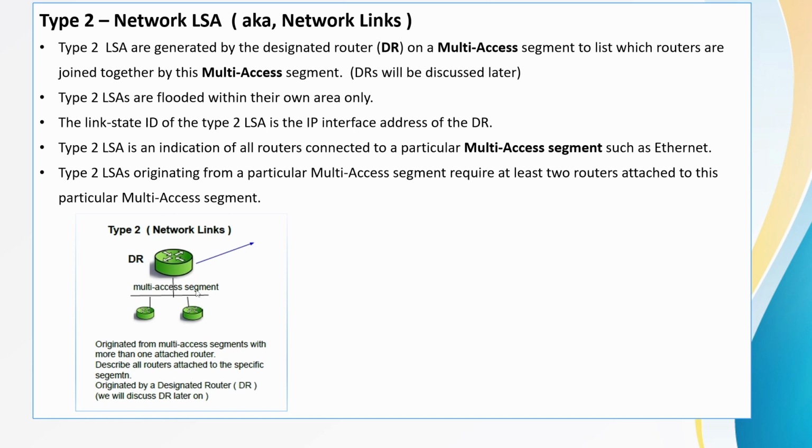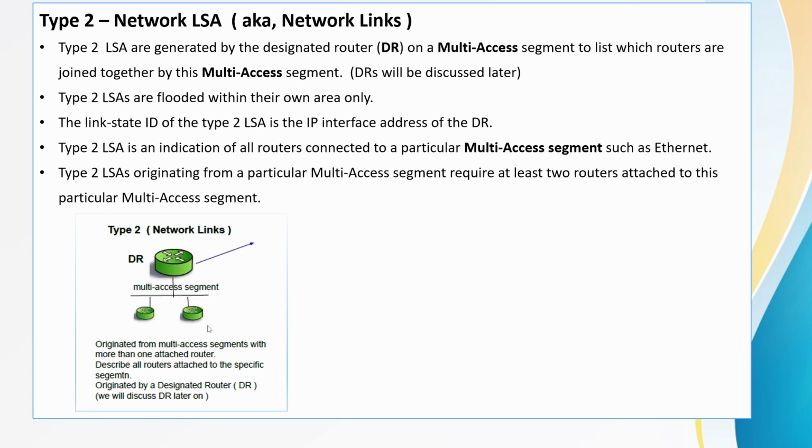Type 2 is only generated by the DR. It is about how many routers connect to a particular multi-access segment, and which routers connect to it.